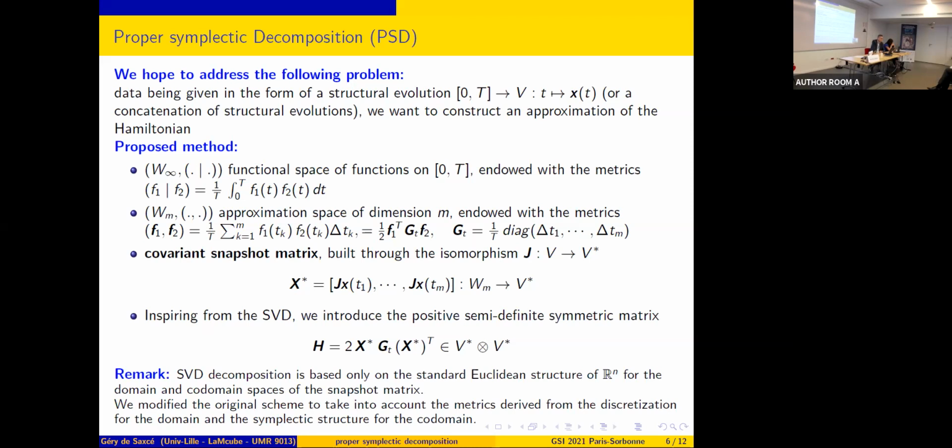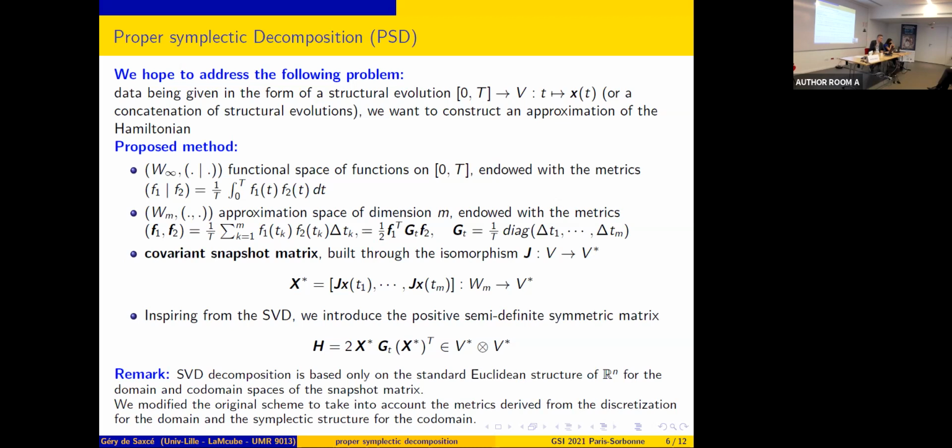Let W infinite be a functional space of square integrable functions on the time interval 0 to caps T. And we define this matrix, where we divide by caps T because we have to consider the limit when caps T approaches infinity, so we have to obtain a finite limit.